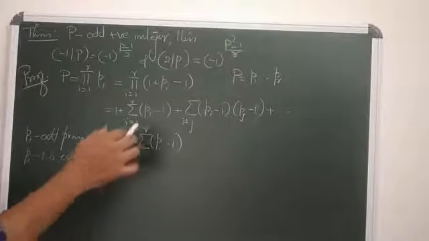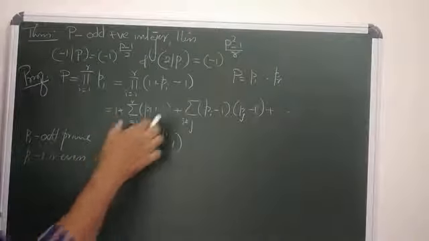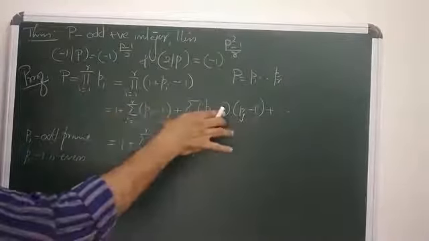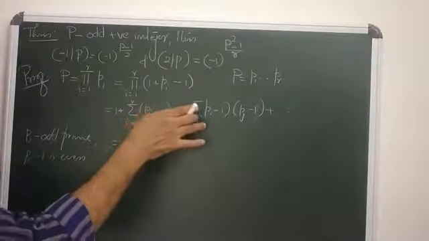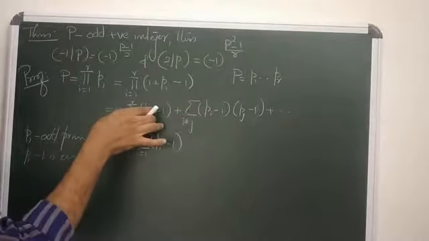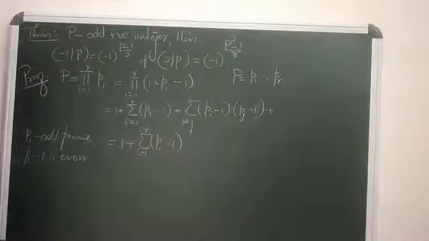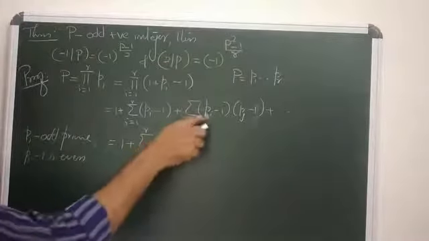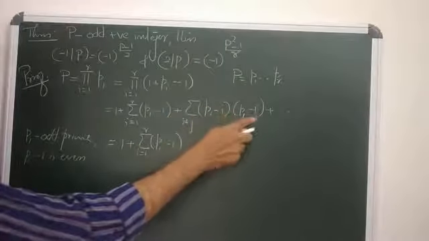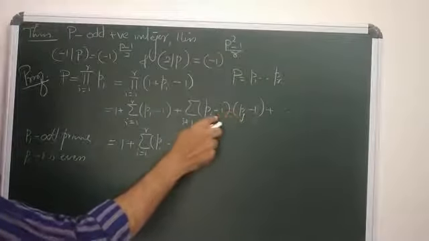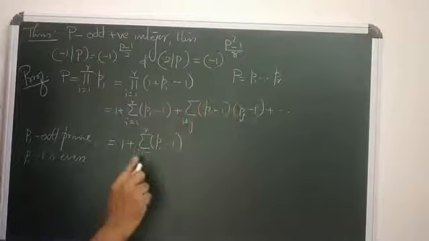Agreed? Since p_i minus 1 is even, all the terms in this series, except the first two, are multiples of 4, or divisible by 4. This is a multiple of 2, this is again a multiple of 2, since these are even numbers, so ultimately this is a multiple of 4.